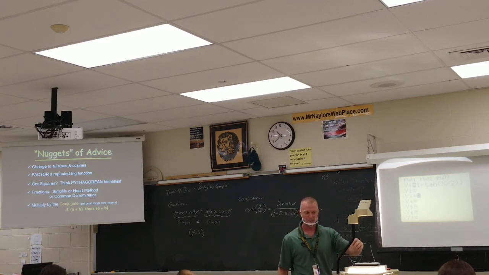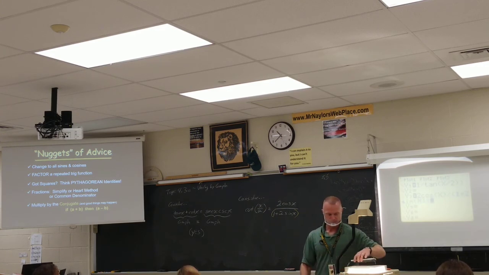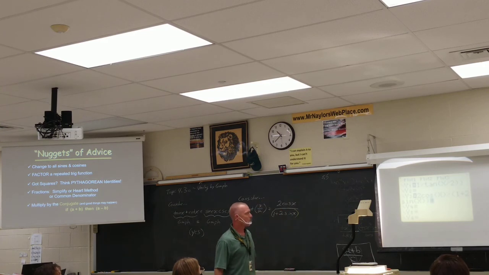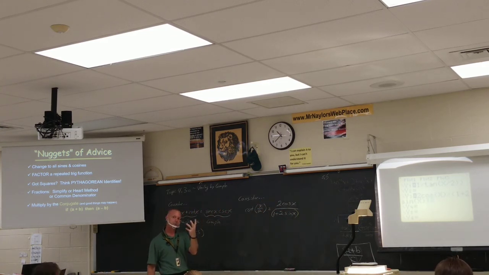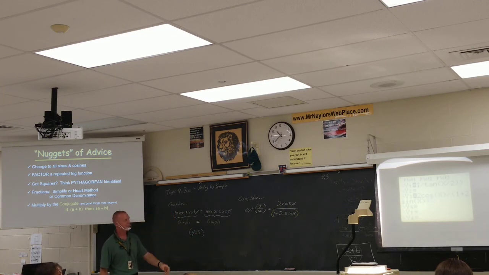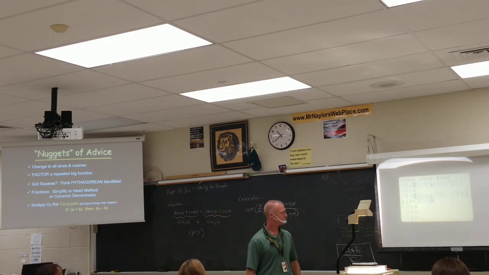You have to add those to your input, otherwise the calculator is not going to know how much is your denominator. You don't have to put parentheses around the numerator because technically it's not a quantity, it's just a single term, even though it has a 2 and a cosine. So parentheses as part of your input.